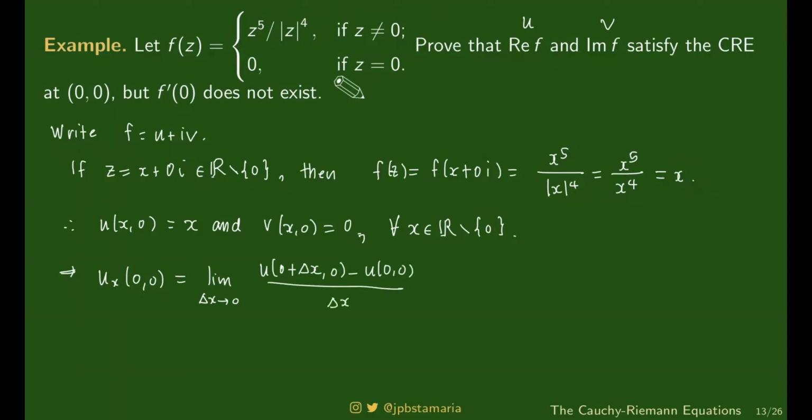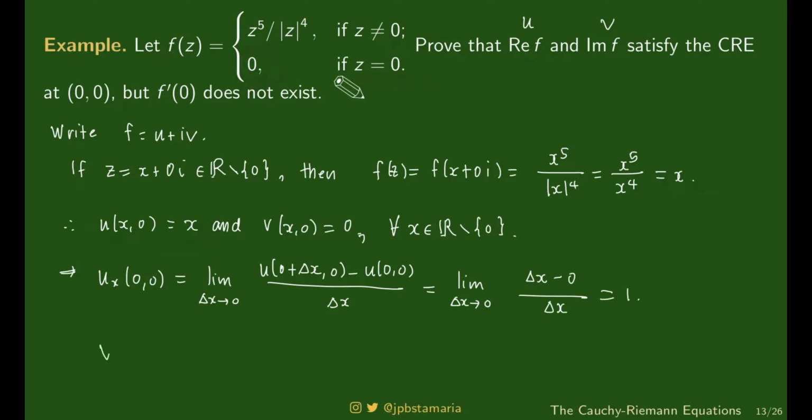That is the definition of the partial derivative with respect to x. Now u of delta x, comma 0, from the equation we have, becomes just delta x. And u of 0, 0 is 0, because the function is 0 whenever z is 0. So it is 0, divided by delta x. So that is 1. Right?